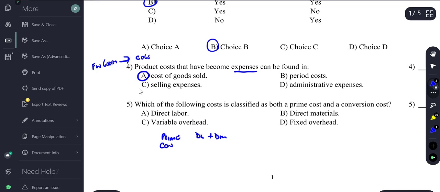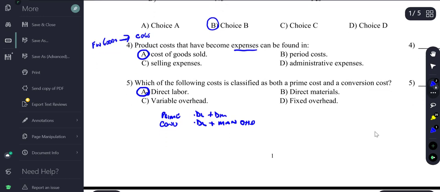Conversion costs are going to be direct labor and manufacturing overhead. So the one that's the same in both of these cases is going to be direct labor. Direct labor is going to be both a prime cost and a conversion cost. For a question like this, you just need to know what prime costs are and what conversion costs are.